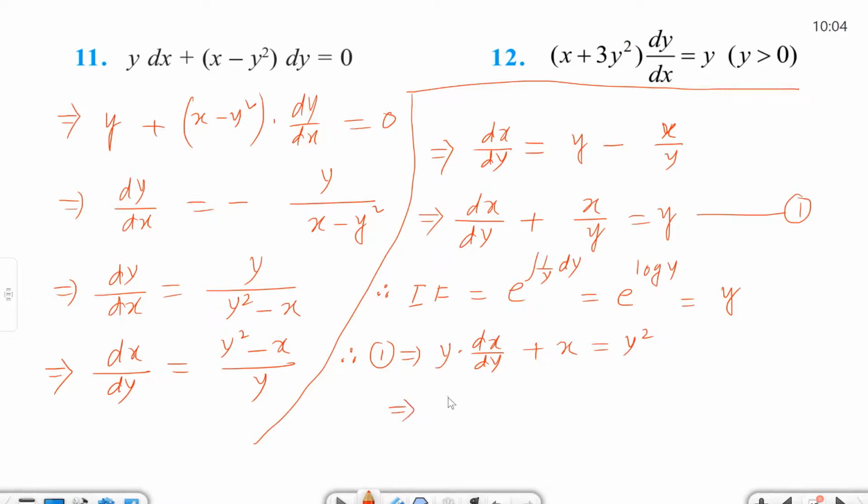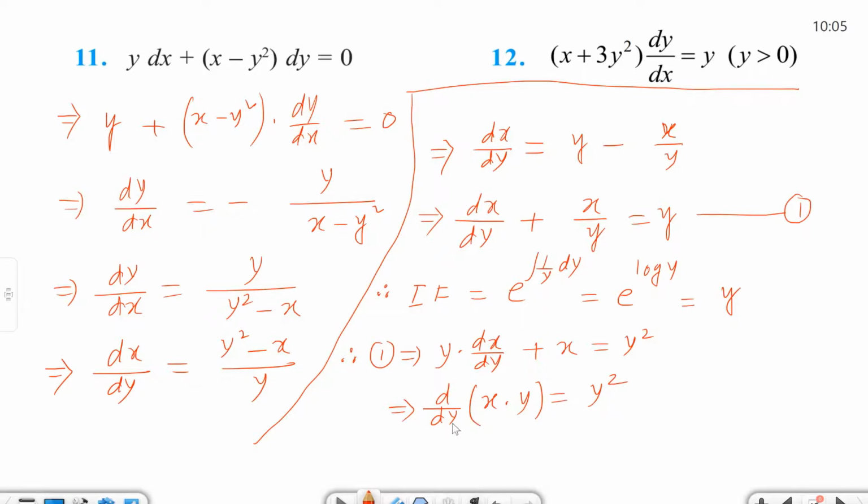Now the process is the same. This time I can write directly d/dy of the linear variable x into IF, which is y, is equal to y square only.